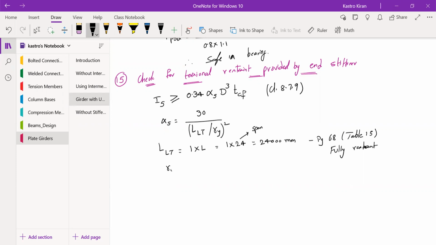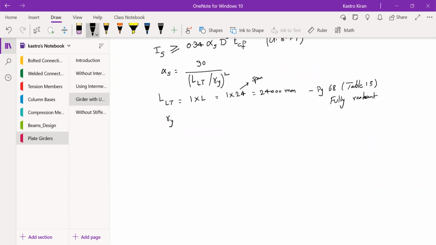And now you also have to find out the value of Ry, which is the radius of gyration, given by root I by A. So now let's find out the value of I, that is the moment of inertia. That can be found out as 2 times the thickness of the flange into width of the flange cube divided by 12, plus depth of the web into thickness of the web cube divided by 12.